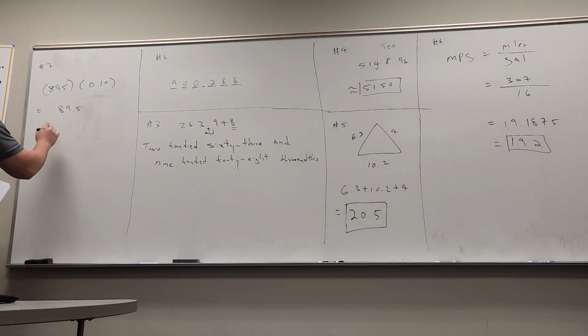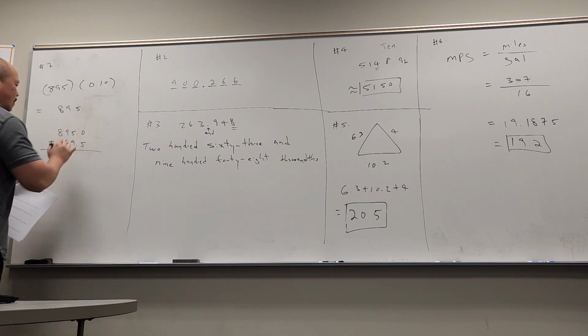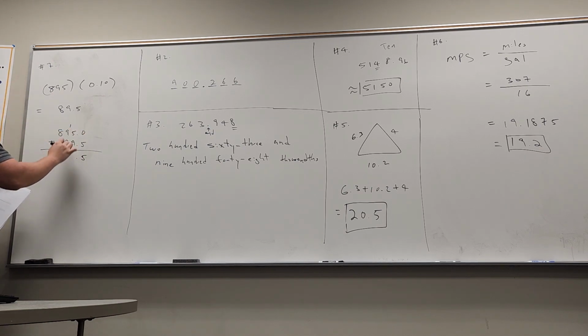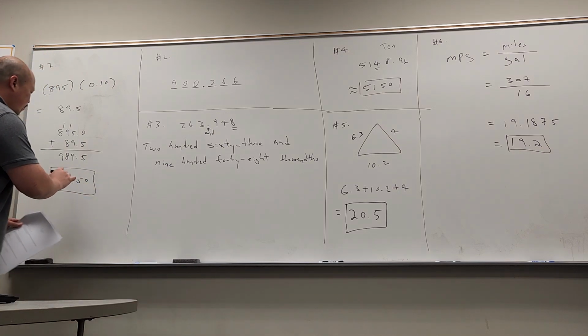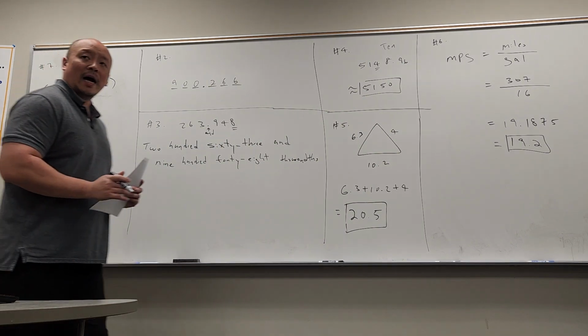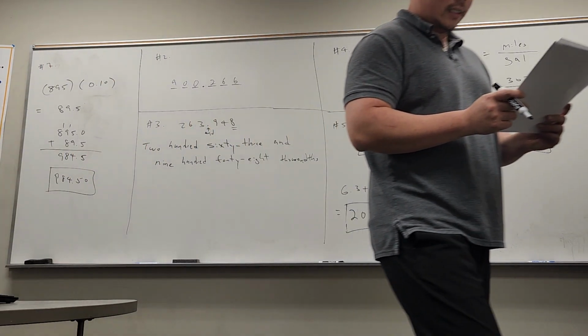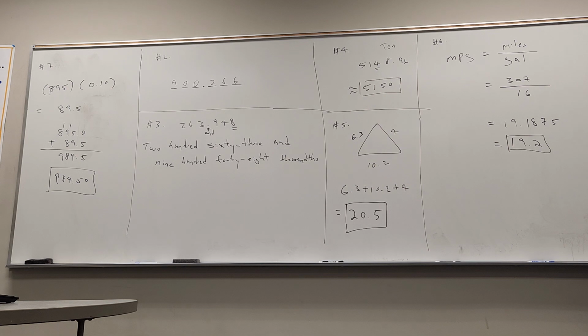So you gotta add them up. 895 plus 89.5. So that'll be $984.50. And that's the total for number 7.